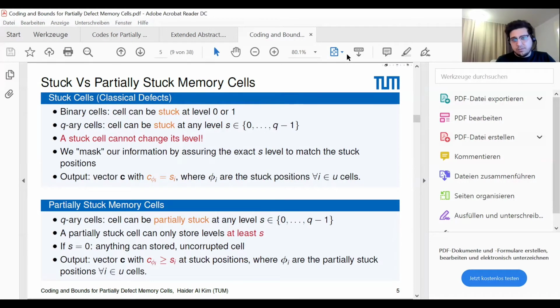For example, if we have q-ary levels, then we have levels from 0 to q minus 1. And just to mention, in the partially stuck scenario, if the stuck level equals 0, then it's a non-stuck or healthy cell, because we can increase to any other q-ary level.